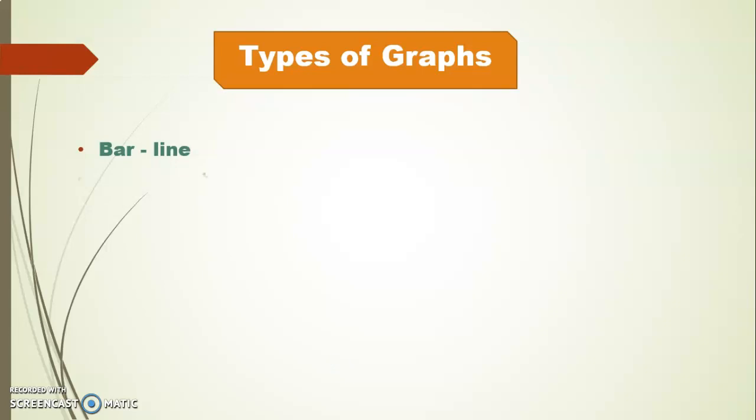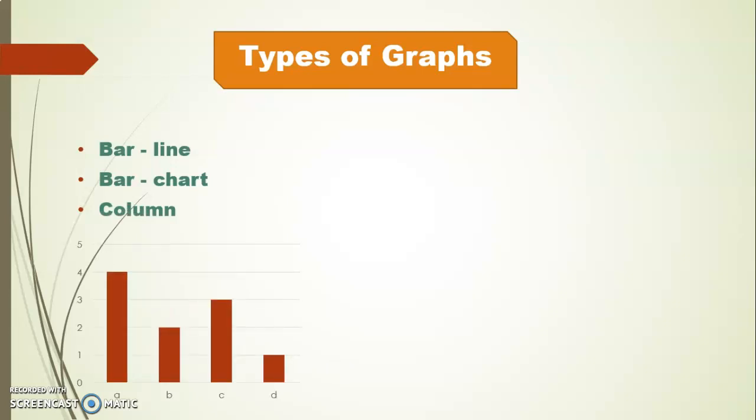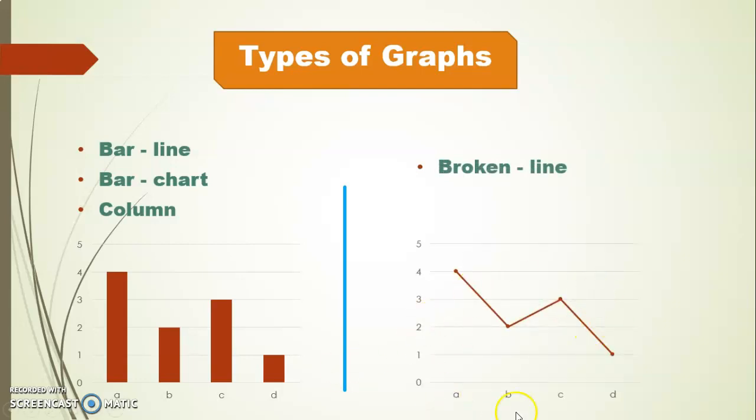Bar line, bar chart, or column. That is the normal graph that we used to see in the past years. This year we have a new type which is the broken line, and this is the shape of the broken line graph.